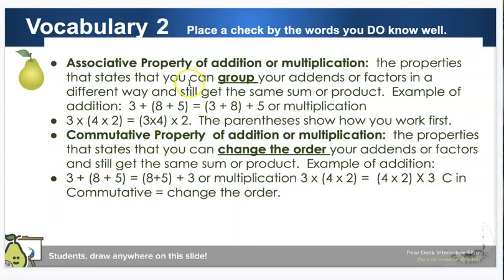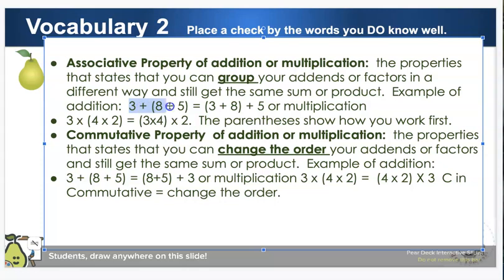We'll also be talking about the associative property today, of addition or multiplication. It does not work with subtraction or division. The associative property means if I have 3 numbers that I'm adding together, it doesn't matter which ones I add first. I don't change the order in the associative property. I keep that the same.